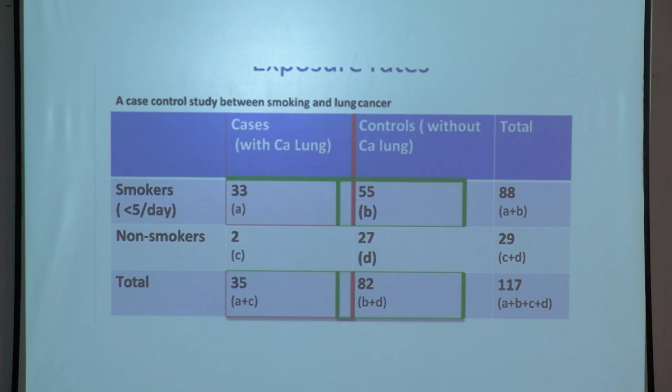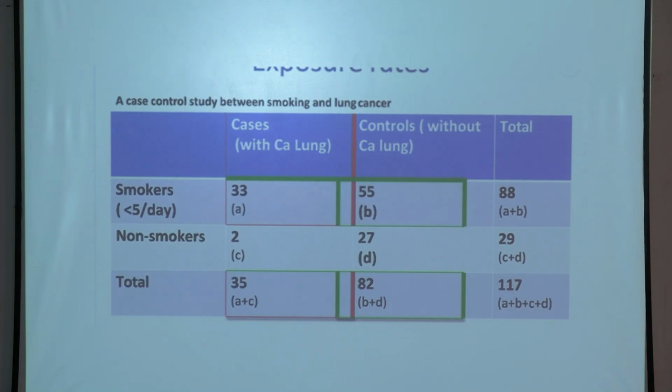What was this formula? A by A plus C. A by A plus C is 33 by 35. That is the number of people, among the CA lung people, who are smokers.